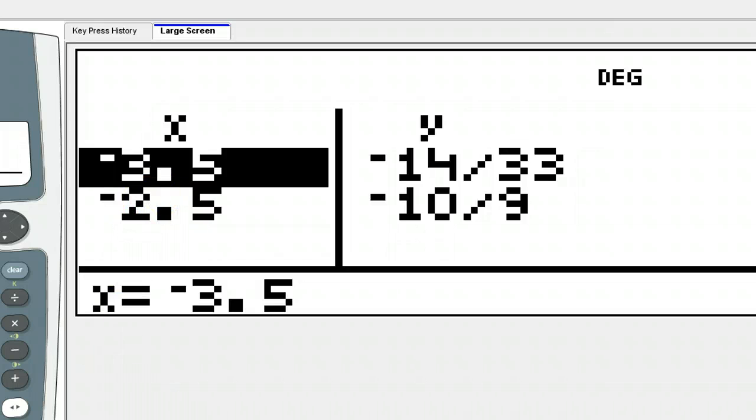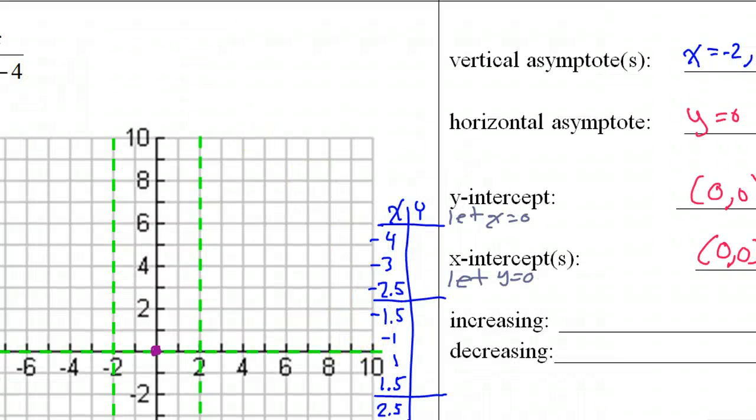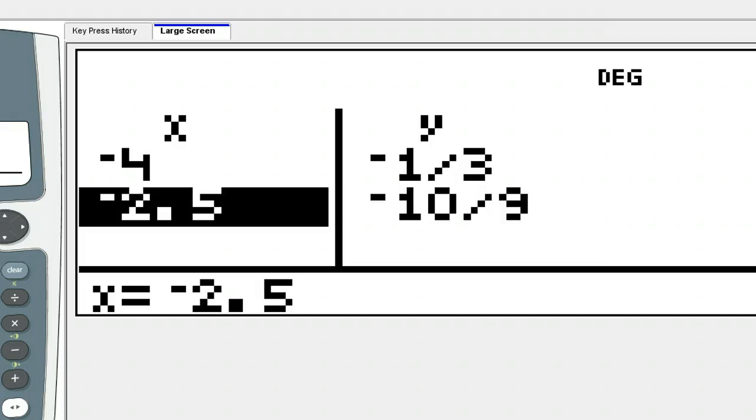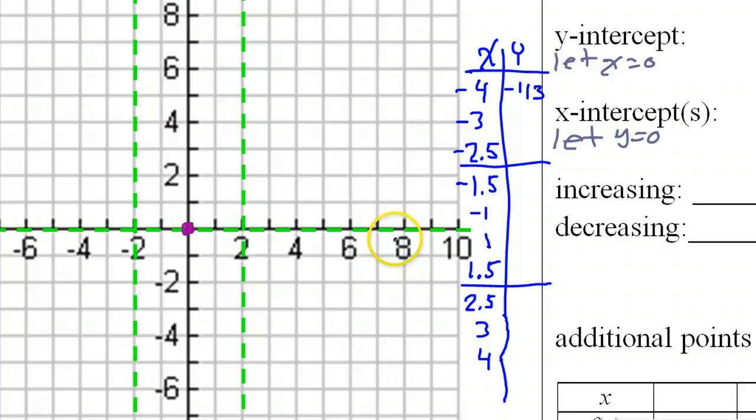I want -4, so I'll type in -4. That's -1/3. And then comes -3. That's -3/5.